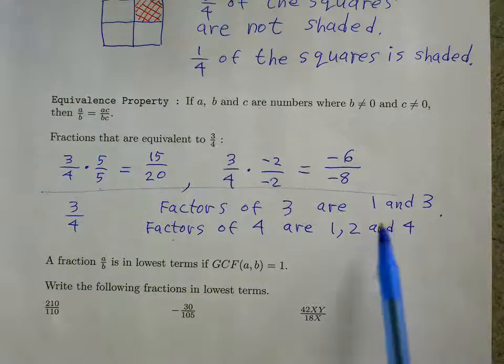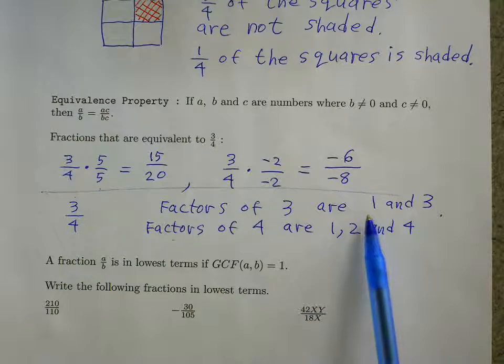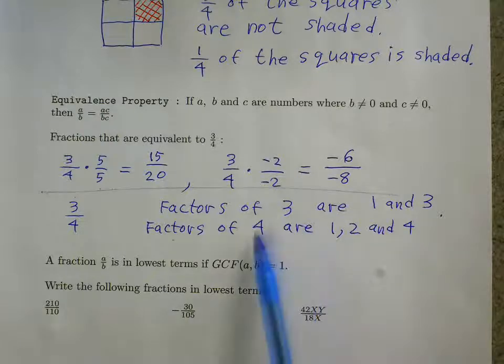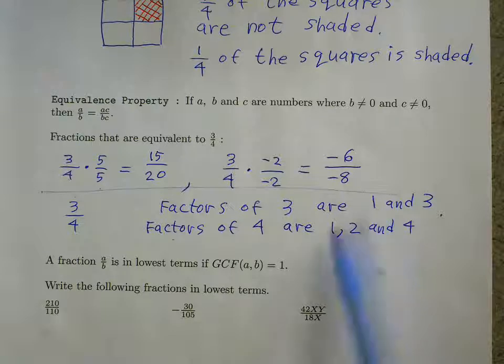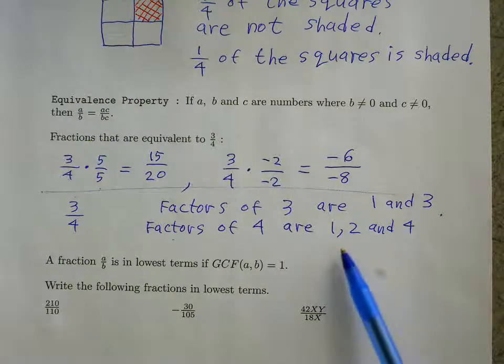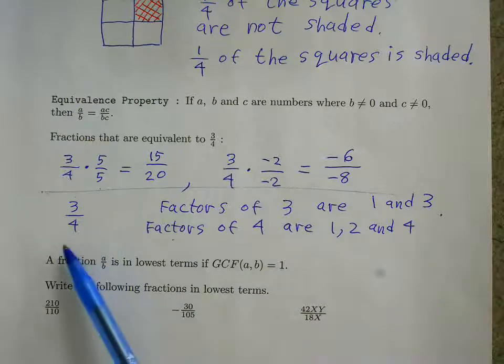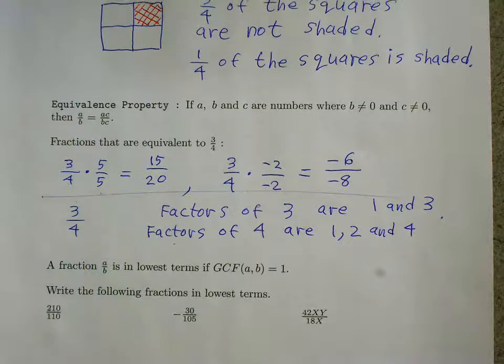Okay, so the common factors of 3 and 4 are just 1. 1 is a factor of each one. 1 is a factor of every number. Okay, so 3/4 is in lowest terms because the greatest common factor of 3 and 4 is 1. Does that make sense?